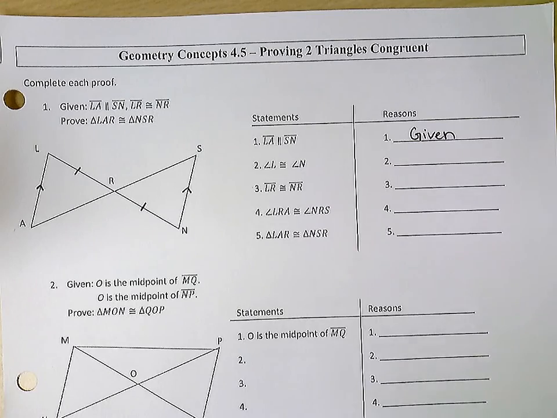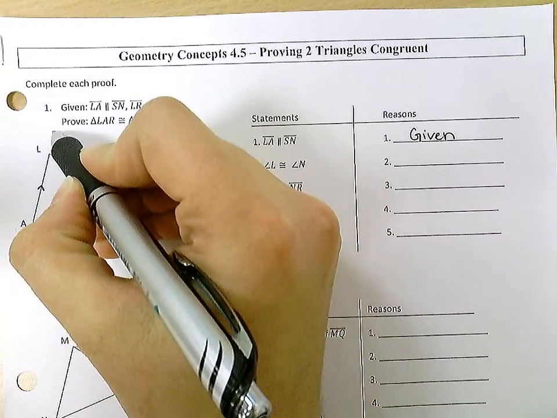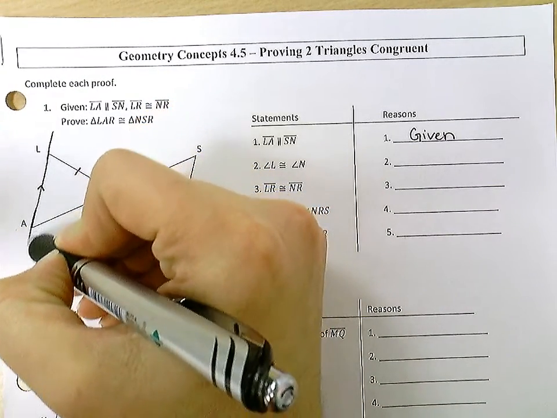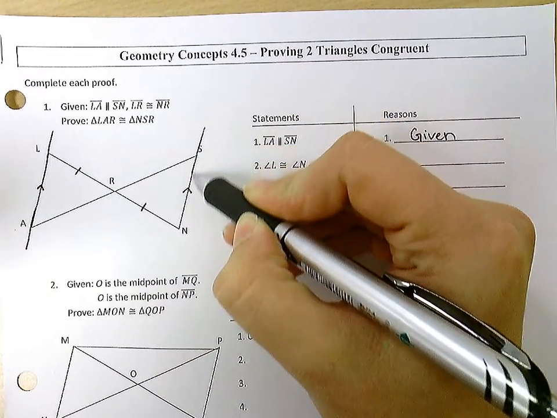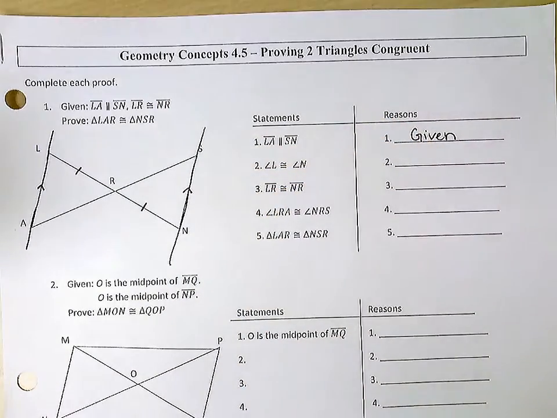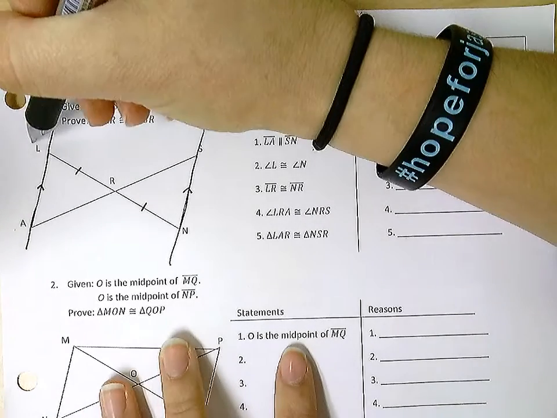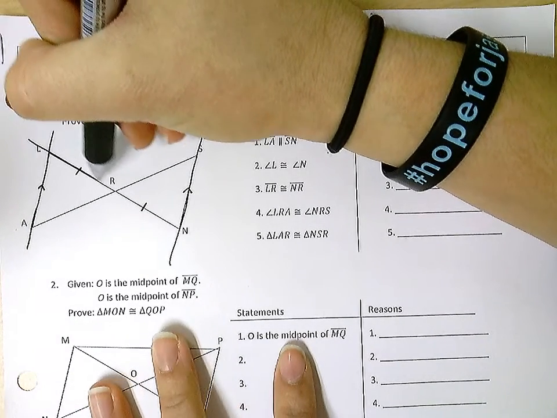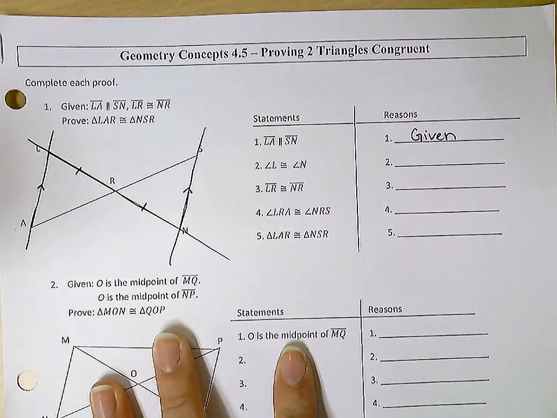So if I know that this line or segment here is parallel to this line or segment here, okay, I want to look for a transversal, so another line that cuts through both of those. Okay, well, line LN intersects both of those parallel lines, right?